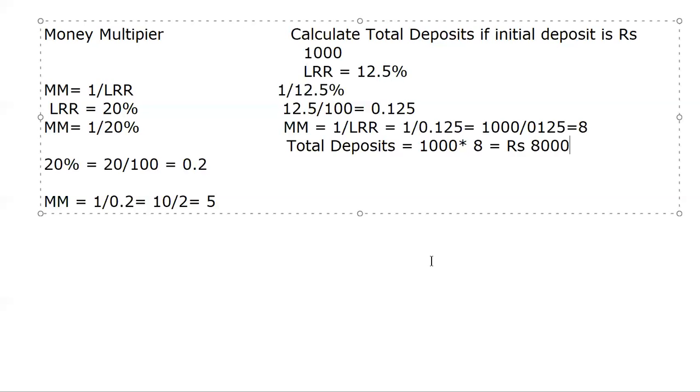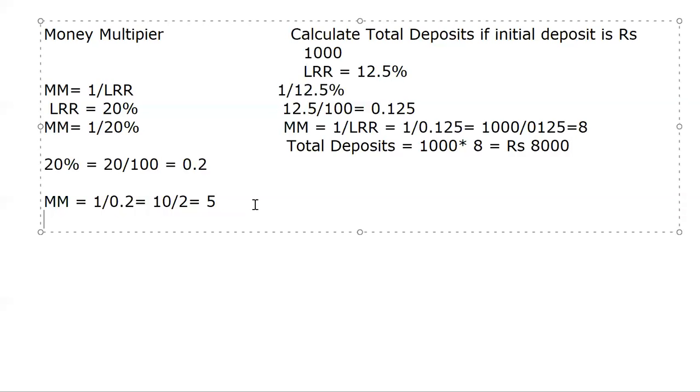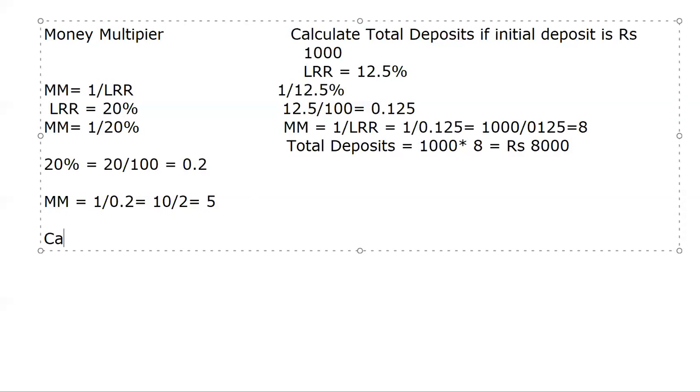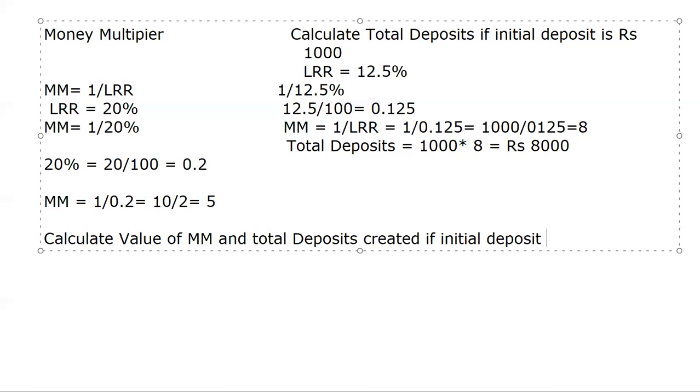Suppose you are given, third example, calculate the value of MM, money multiplier, and total deposits also, created if the initial deposit is of rupees 500 crores.